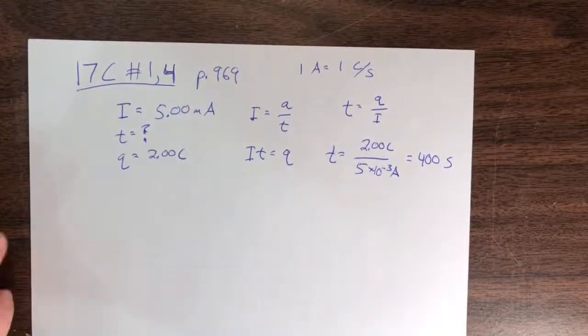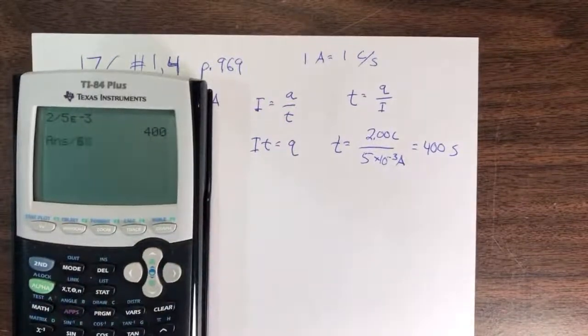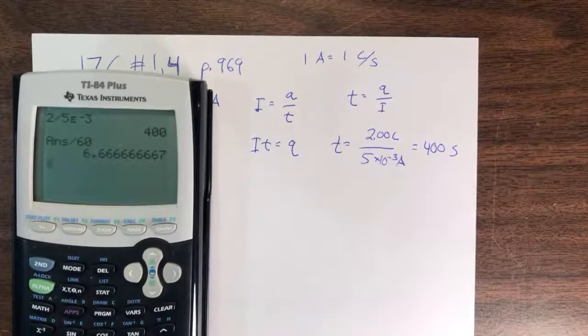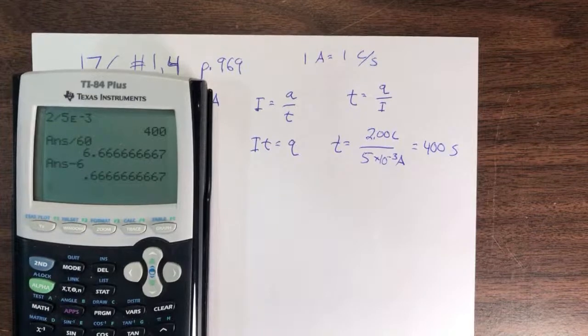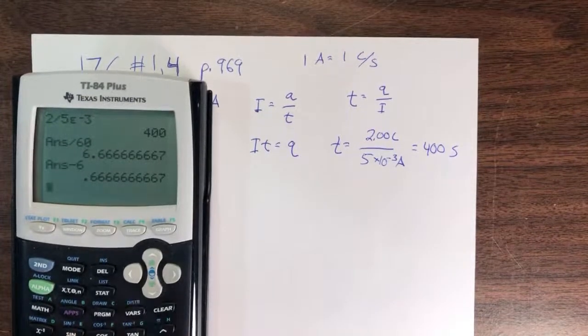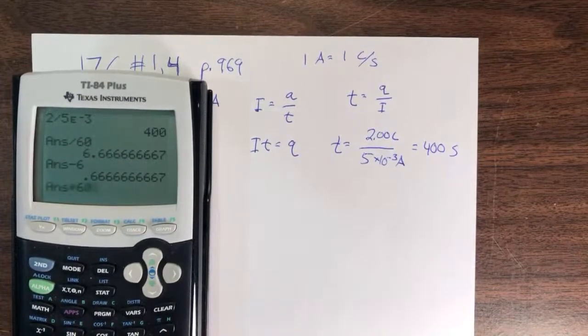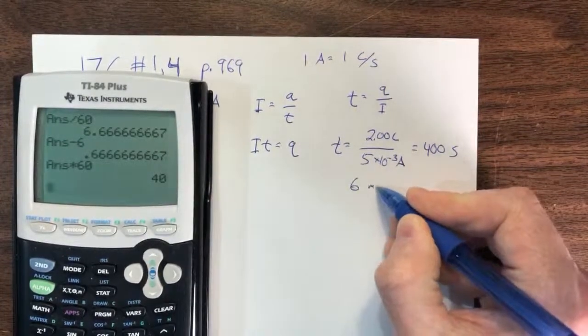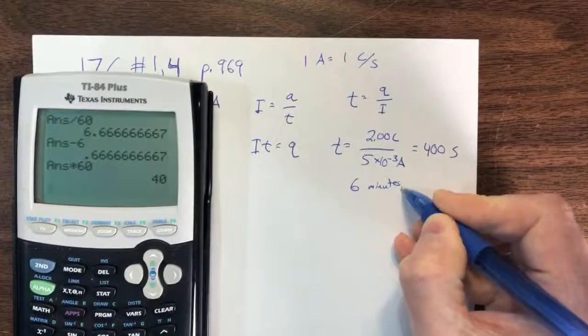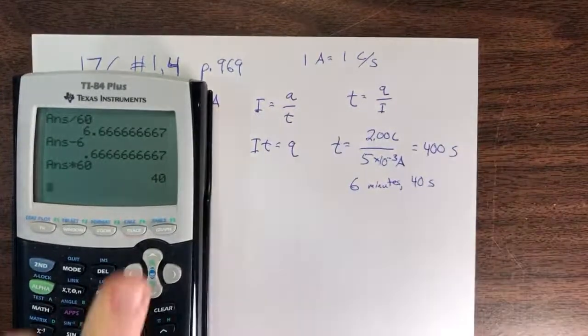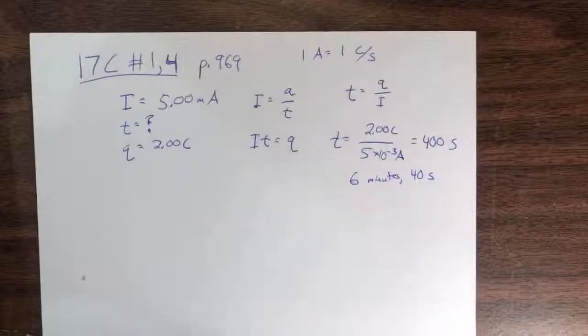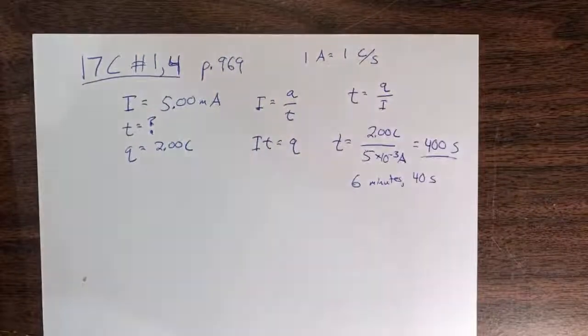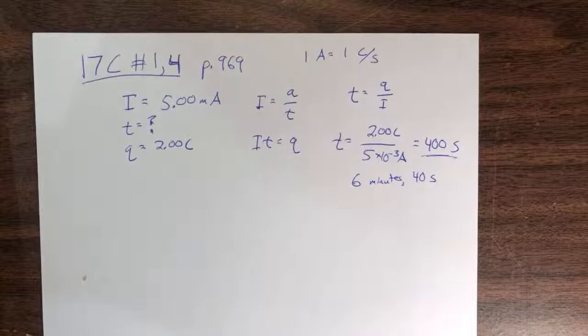If you want it in minutes, you can just divide that by 60. That's going to be like 6.66, and you can subtract 6 from that and then times 60, and that'll get you 6 minutes, 40 seconds. Okay, so that's good, but you can just write down 400 seconds. That's sufficient. All right, so that's number 1.